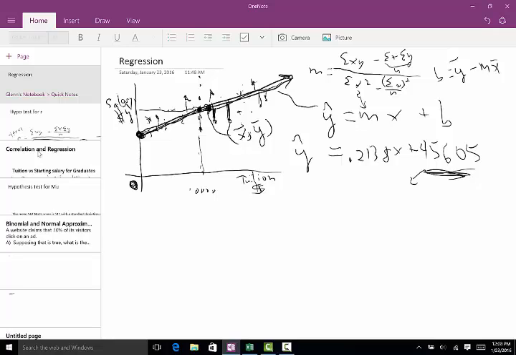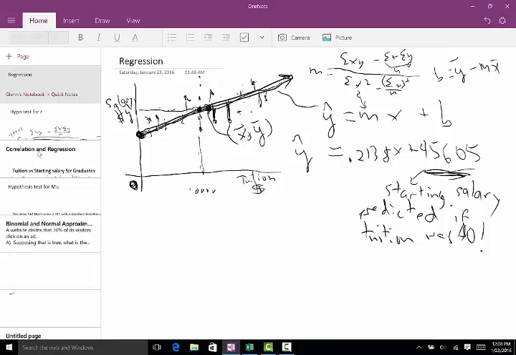So this would be the starting salary predicted if the tuition was 0. You'd like to go to that college, it's free.